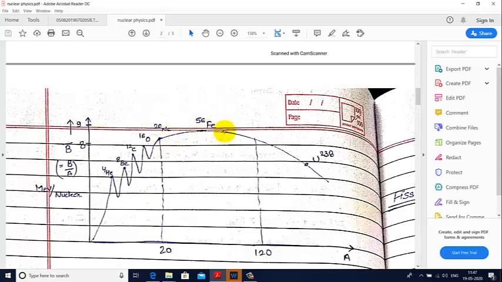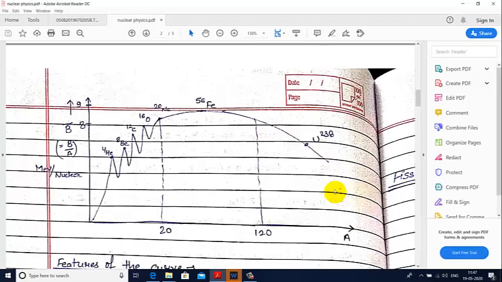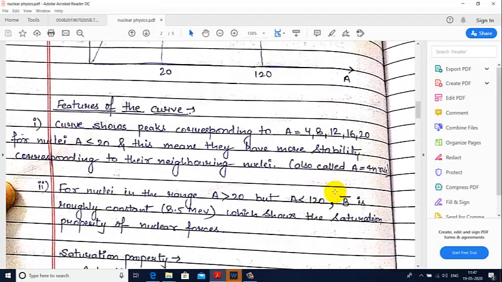Here the value is not changing much, and it is almost constant, not exactly constant, but approximately constant. So we call this region the saturation region, because the value of B by A is saturating in this region. And after A greater than 120, the value of binding energy per nucleon decreases rapidly.